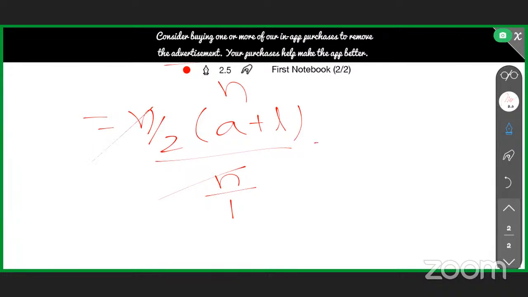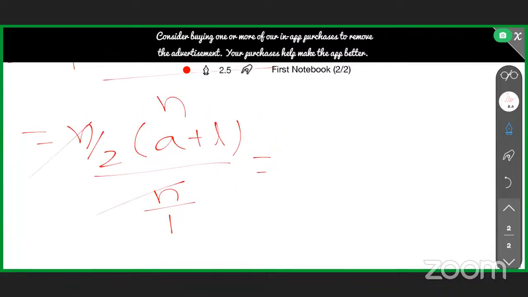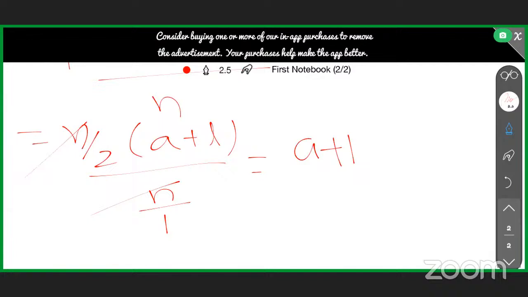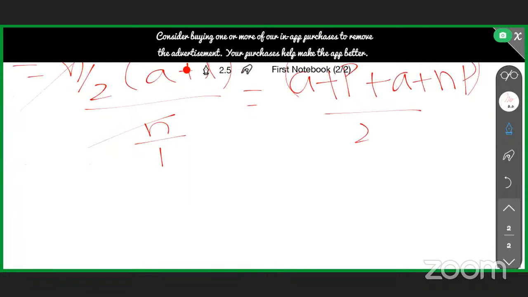So now I'll apply the formula. My first value is A plus P plus A plus NP, whole divided by 2. Do you understand this step? Now if you simplify this one, this will become 2A plus 2NP.